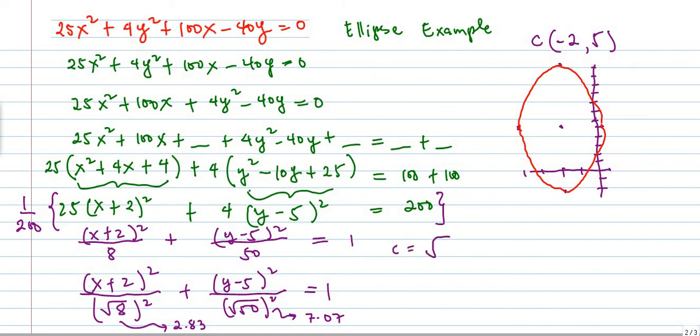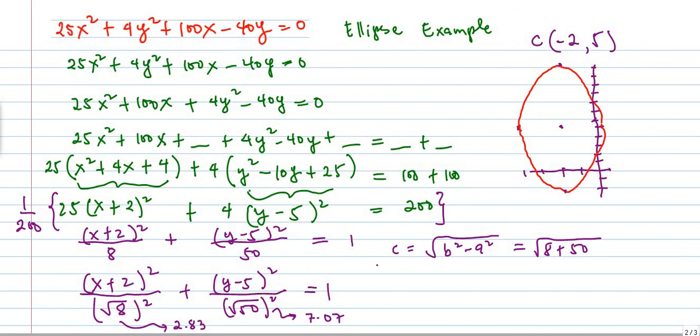C equals the square root of B square minus A square, which is equivalent to B square, which is equivalent to 8. This one is 8 plus 50 square root. Okay?